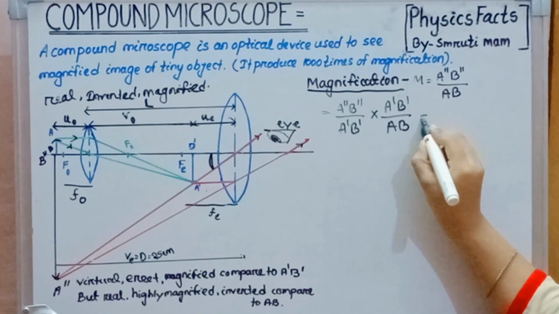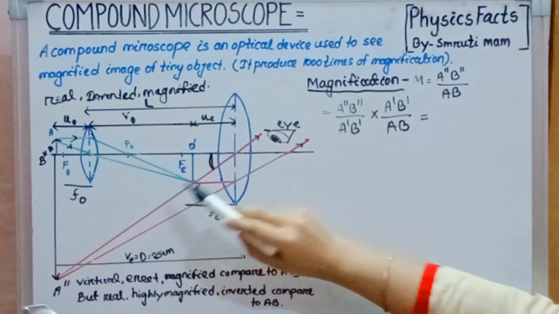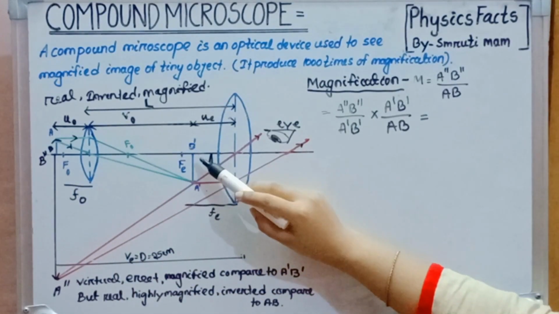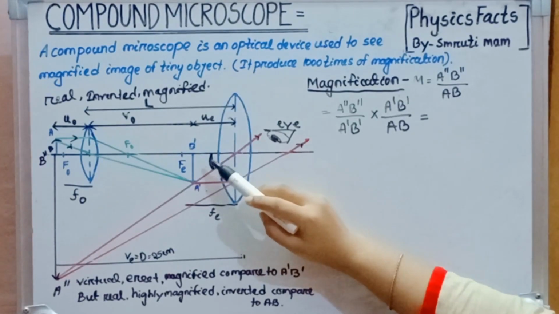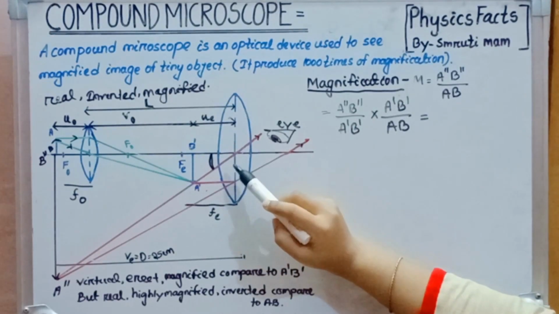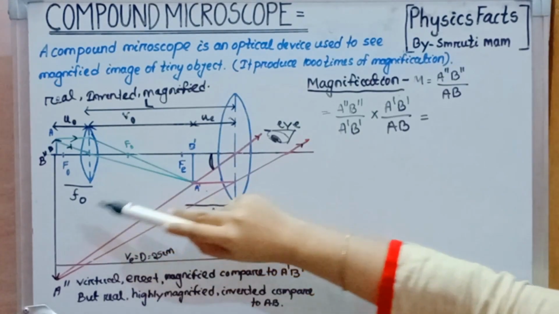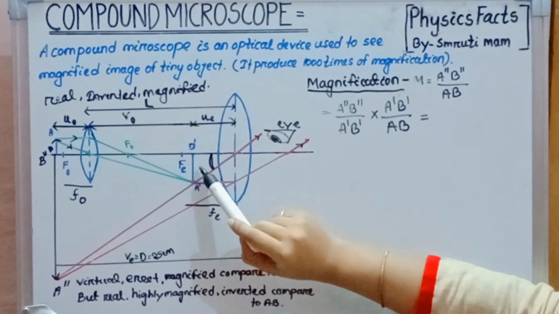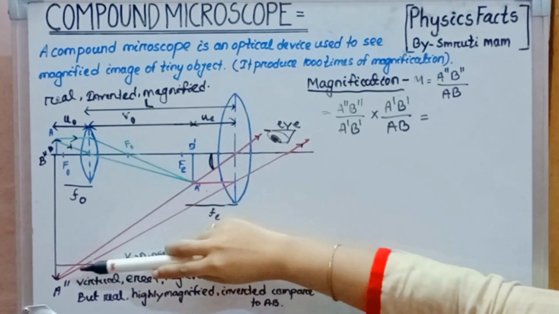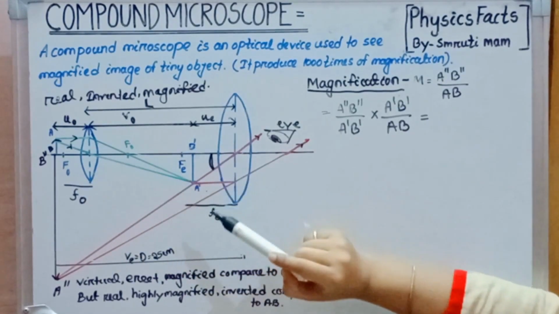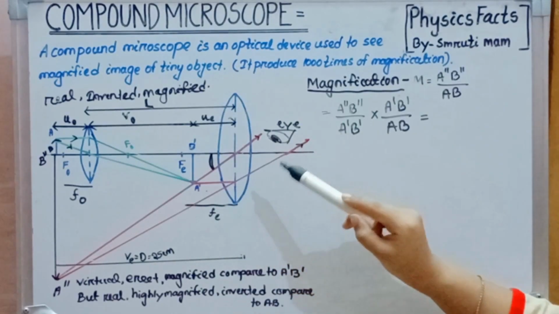That means A double prime B double prime by A prime B prime, that means magnification of eyepiece lens. In case of eyepiece lens, this one is the image and this one is the object. So height of image divided by height of object. That means here we got magnification.